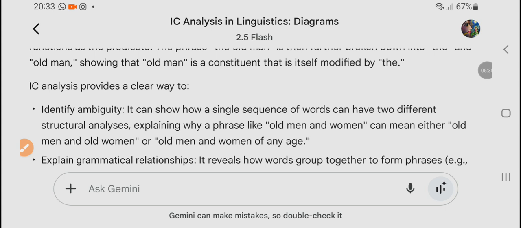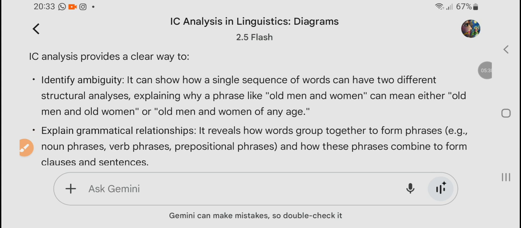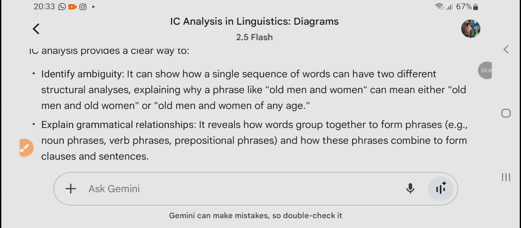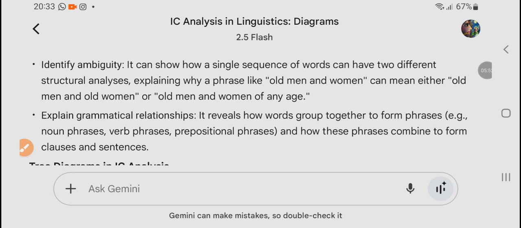So this is just an example of IC analysis. Now, what does IC analysis do? It provides a clear way to identify ambiguity. It can show how a single sequence of words can have two different structural analyses, explaining why a phrase like "old men and women" can mean either old men and old women, or old men and women of any age.